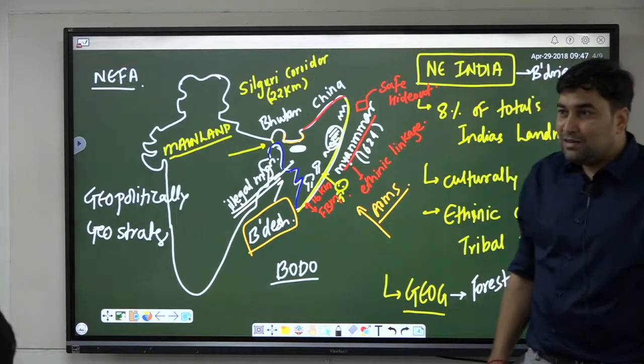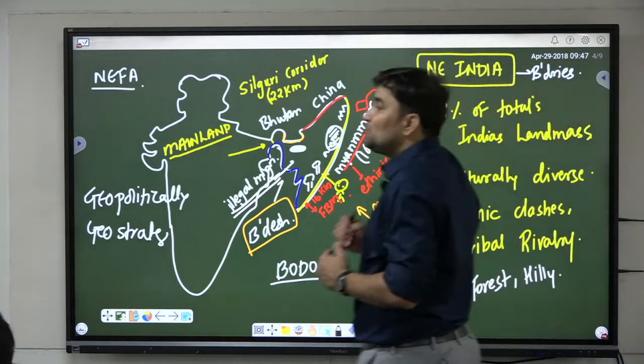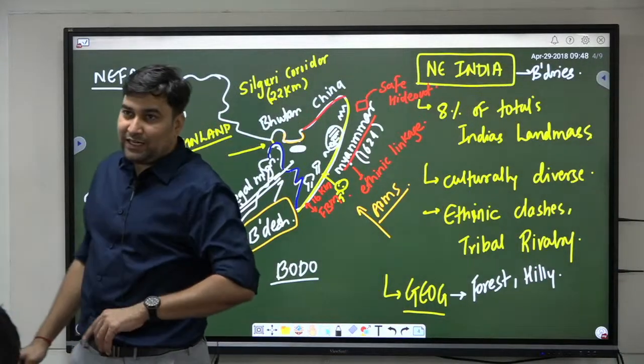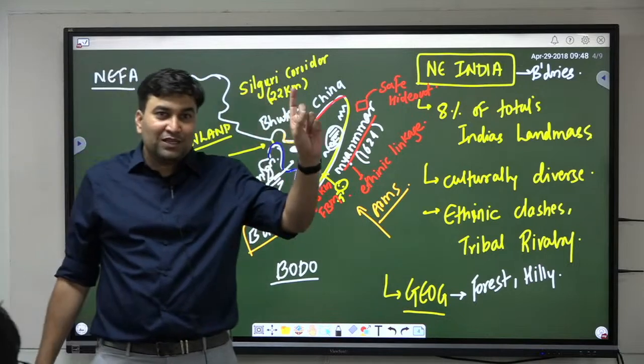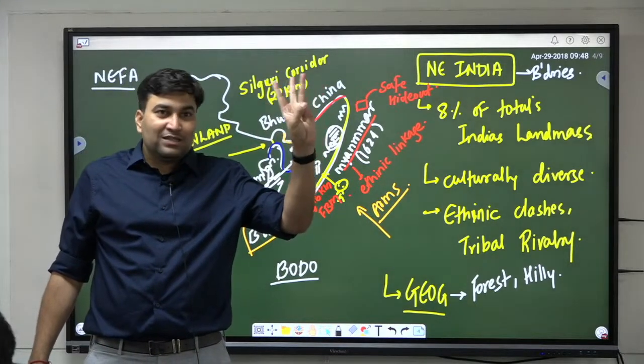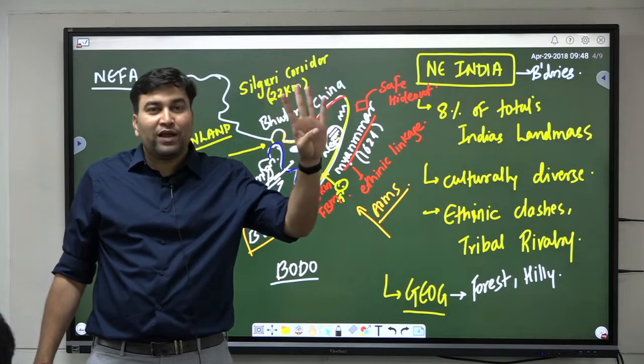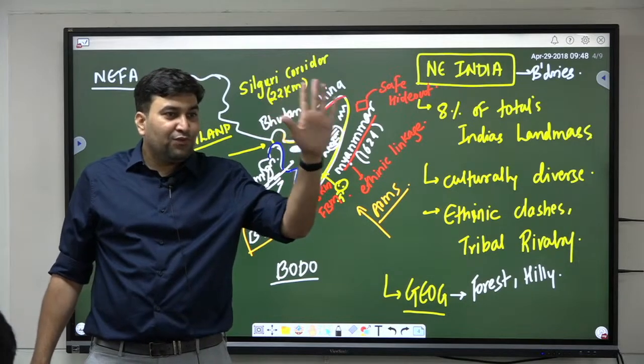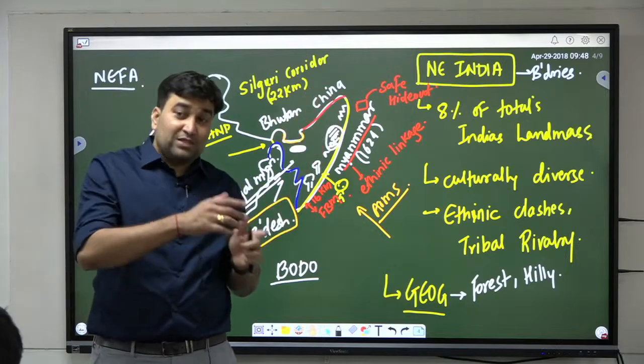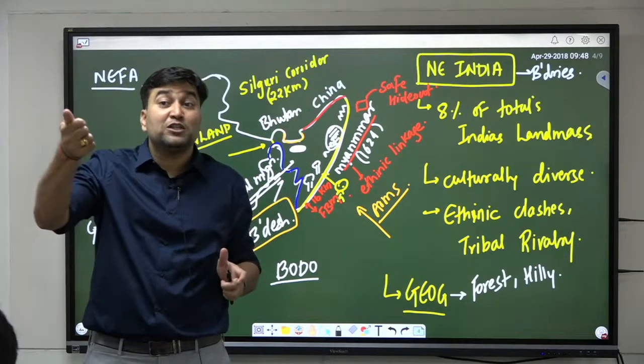Getting the idea? So you can divide these factors responsible for Northeast insurgency into: because of border related issues; secondly, because of lack of development; third, you can write about the governance; fourth, you can write about the constitution and the legal measures; fifth, you can write about the security issues. Security issues, example, the Armed Forces Special Powers Act.